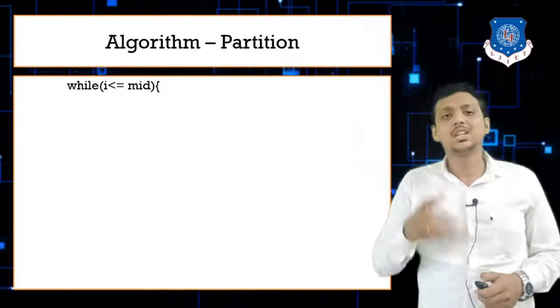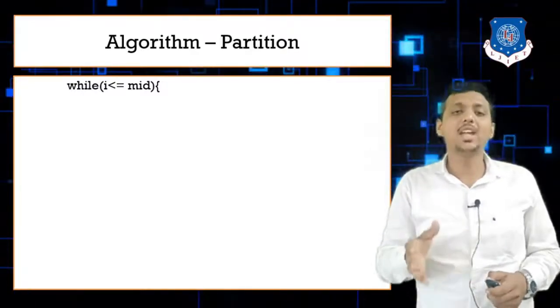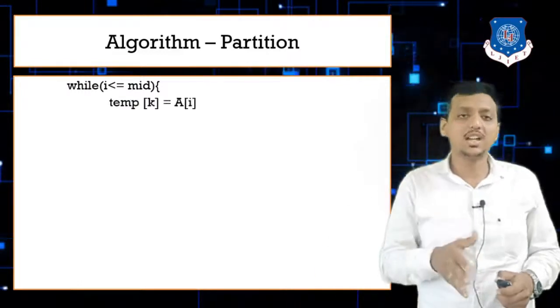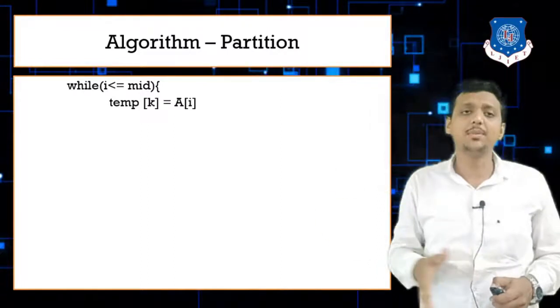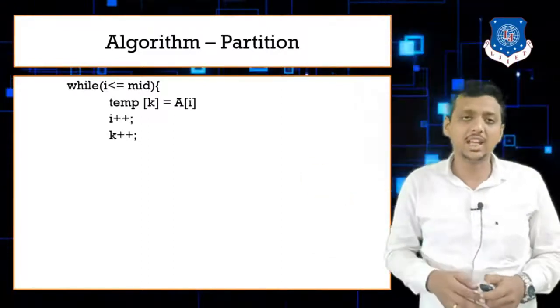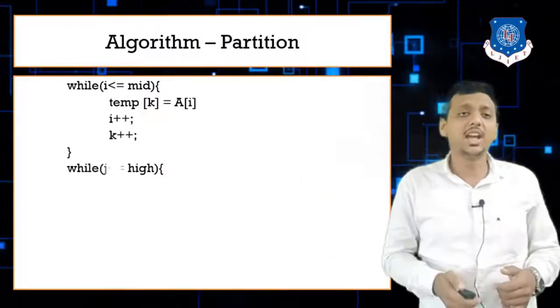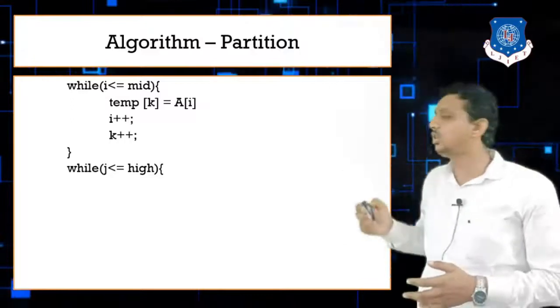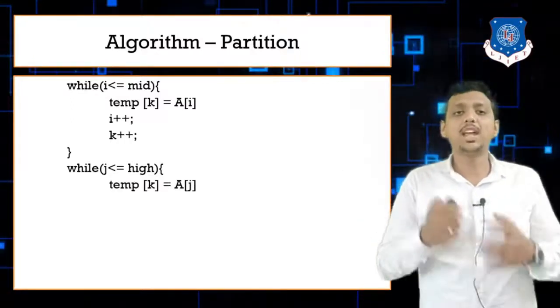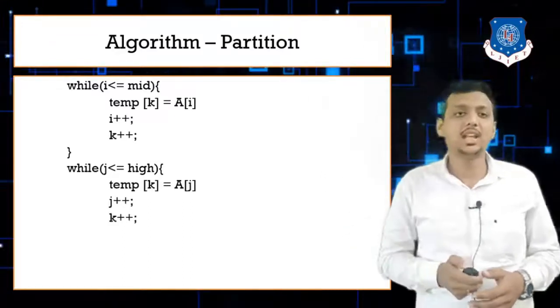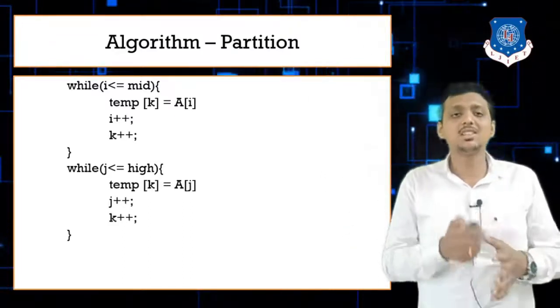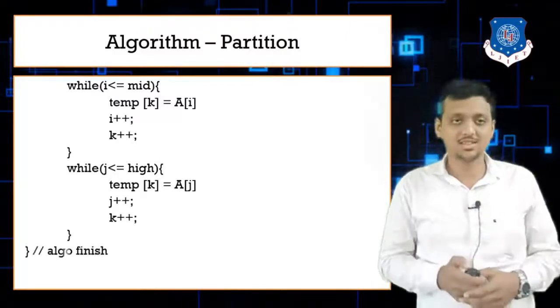Then what you need to do is the same as the previous steps: apply a of i to temp of k, then increment i, increment k. Next, while j is less than or equal to high, apply a of j to temp of k, then increment j, increment k, and that's it. This is how my algorithm works.